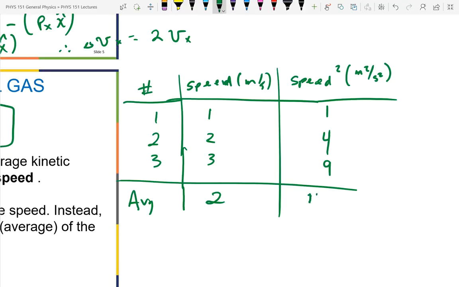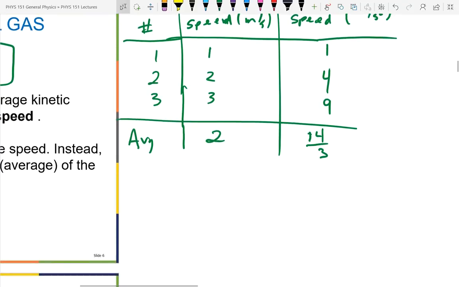Well, let's just put 14 over 3. You can put it in your calculator and get a decimal number. It's going to be what? 2.67. Or, excuse me, yes, 4.67.